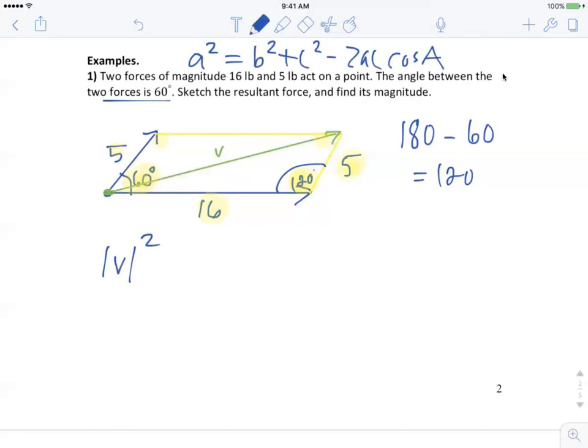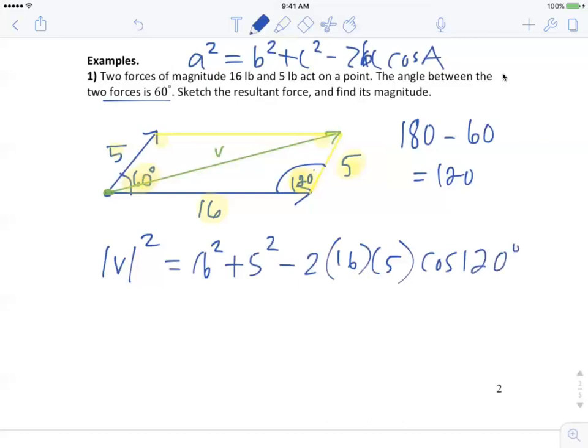So my A is actually the magnitude of V. So the magnitude of V squared equals 16 squared plus 5 squared minus 2 times 16 times 5 times the cosine of the angle between. Oops, that should have been a B right there. Sorry about that. The B and the C are the numbers that are given, and those always match.